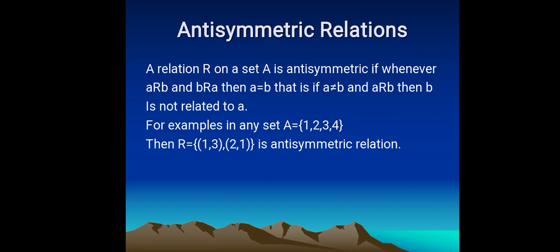The difference between a symmetric relation and an antisymmetric relation is that in a symmetric relation, A is related to B and B is related to A, and in an antisymmetric relation, A is related to B but B is not related to A.